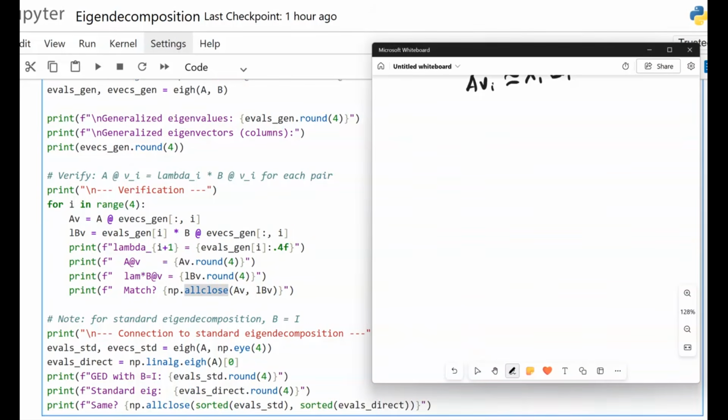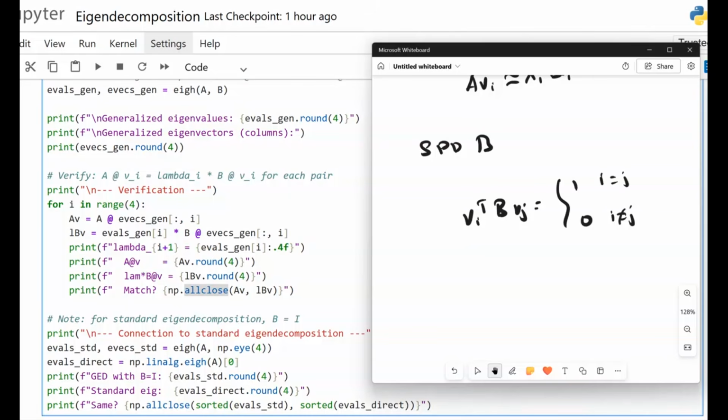For symmetric positive definite B, the eigenvectors satisfy V sub i transpose B V sub j equal to 1 if i equals j, and 0 if i is not equal to j. So here the eigenvectors are orthonormal under the B inner product, not the standard dot product.